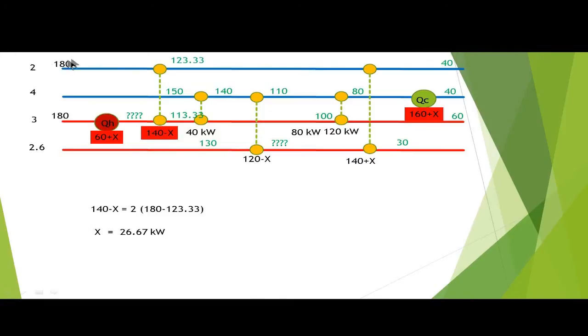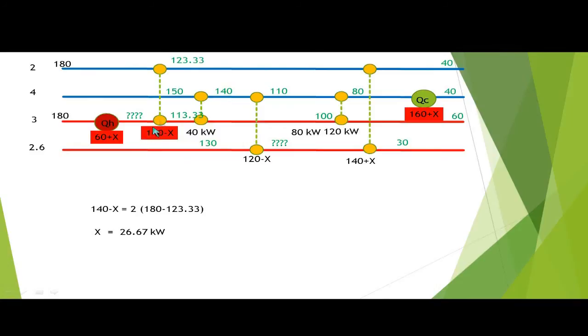Refer to the cooling down of this stream from 180 to 123. So I can get the x number there by Q equal to Cp multiplied with the temperature difference. So x will be about 26.67 kilowatt.